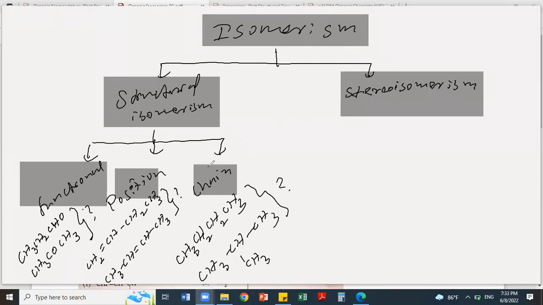Okay, so that is done today. Next day we'll do the questions, but before that I'll complete this part, the stereoisomerism. There are 2 types: diastereoisomers and enantiomers.